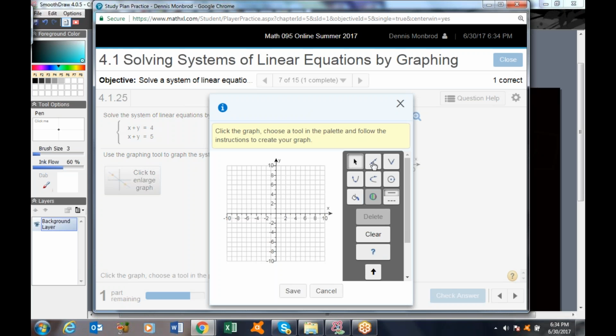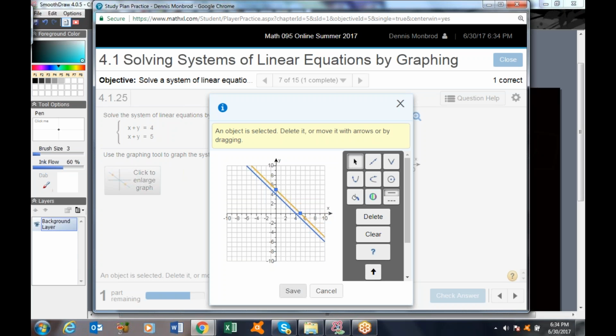So I have an ordered pair, 0, 4, and the slope is -1 again. So there's that first line, y equals -x plus 4. Now the next one will be y equals -x plus 5, as you can see. So I'll have an intercept up here, and it has the same slope as the other one.